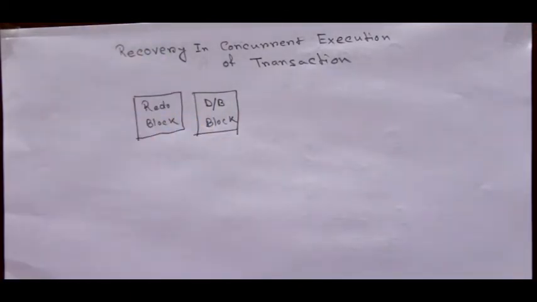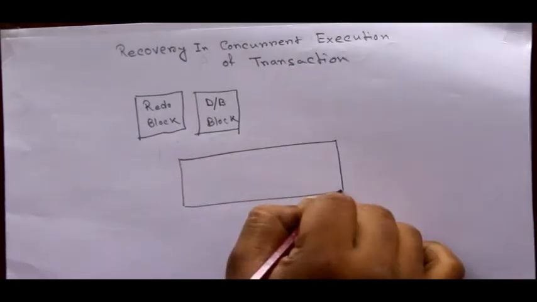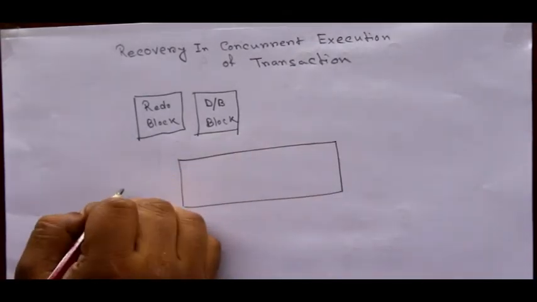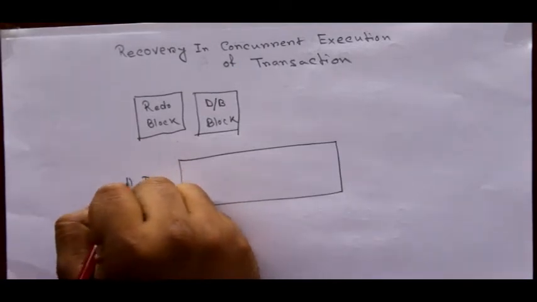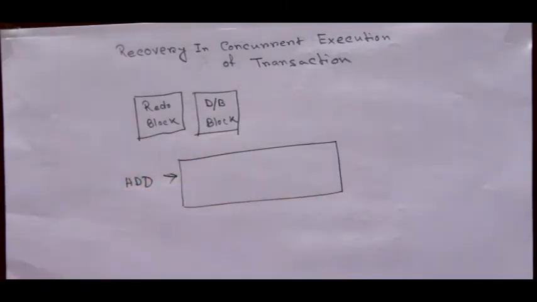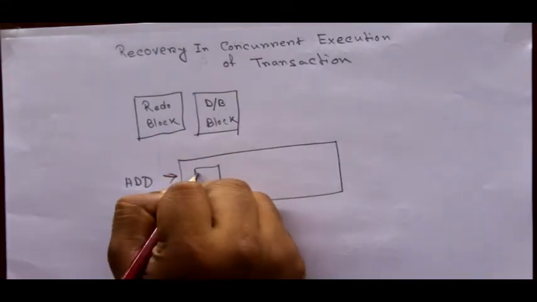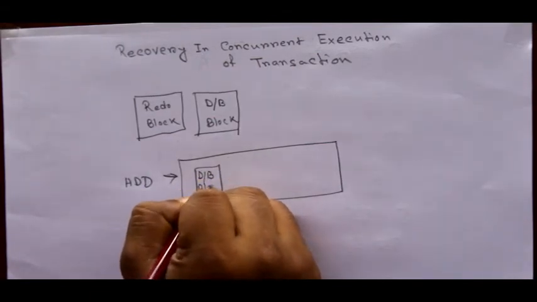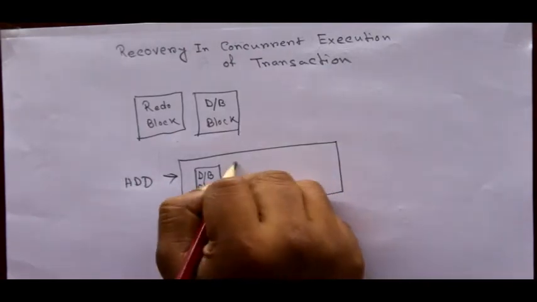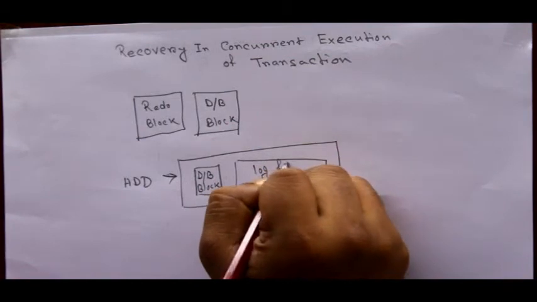Those are the memory blocks which are created in the memory section. Suppose this is your hard disk or stable storage, and there is a block which contains the DB file, that means the DB block, and another block called the log file.